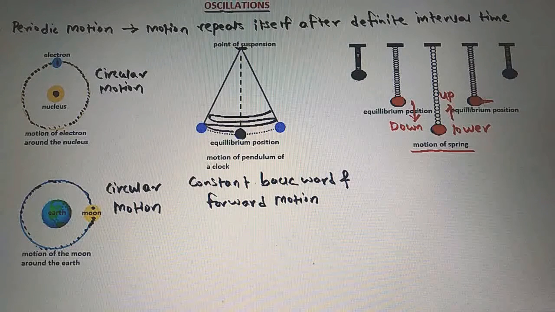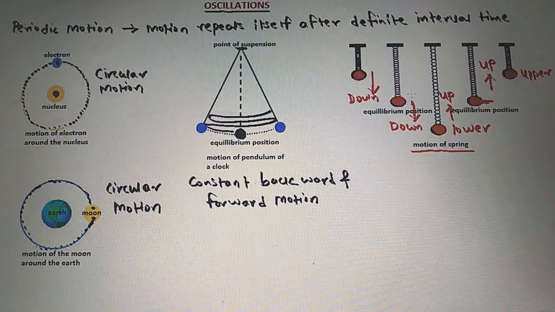After that, the spring will move further up and go to the uppermost position, and then from the uppermost position it will again move in a downward direction and come to the mean position. Then it will move downward to the lowermost position, then again move to the uppermost position.